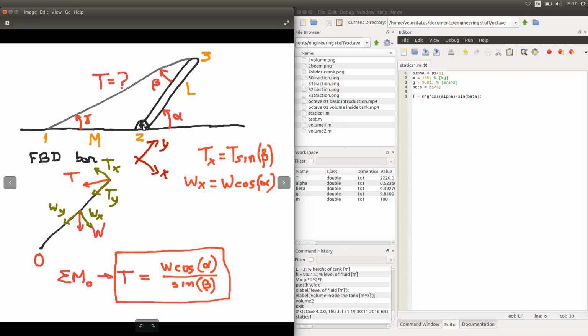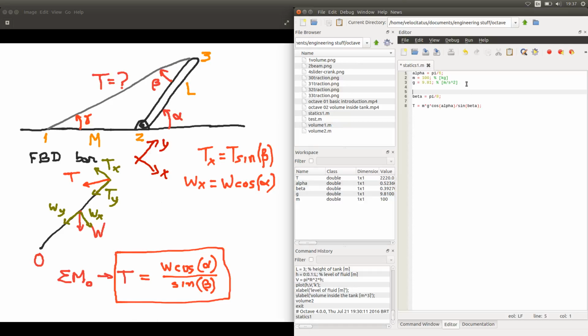And let's say that this point here, 2, is the origin of a new reference frame which goes along here with the horizontal and the vertical. So let's first write the coordinates of these points 1, 2, and 3 according to this reference frame centered in 2. So let's define this geometry of our problem.